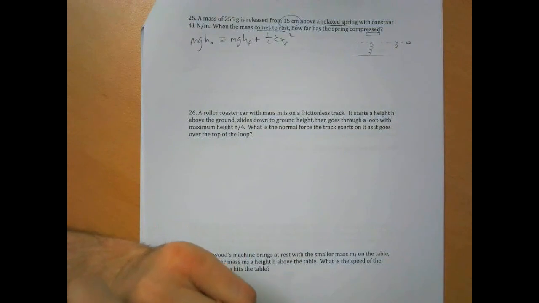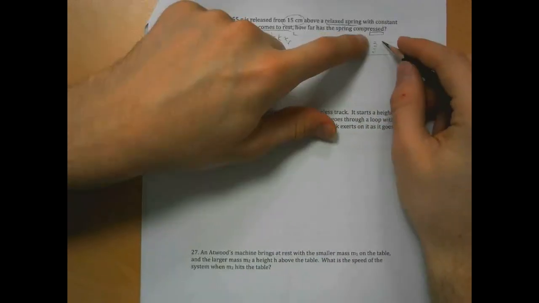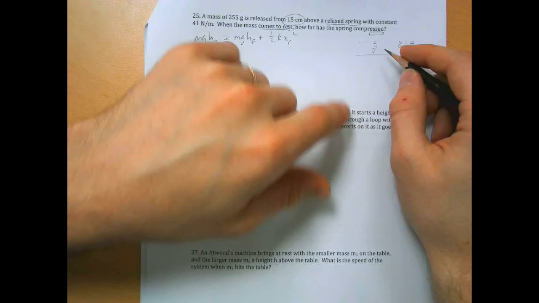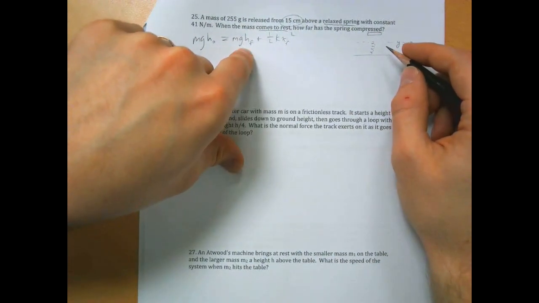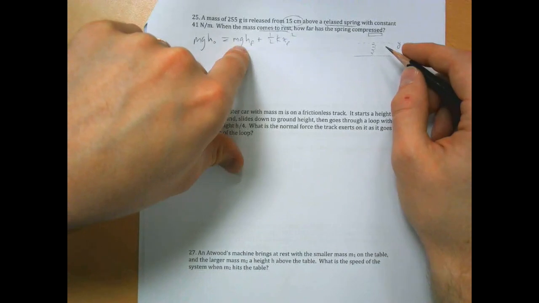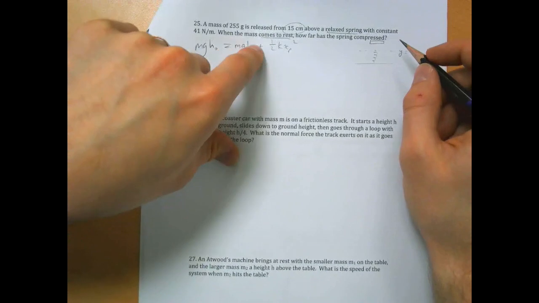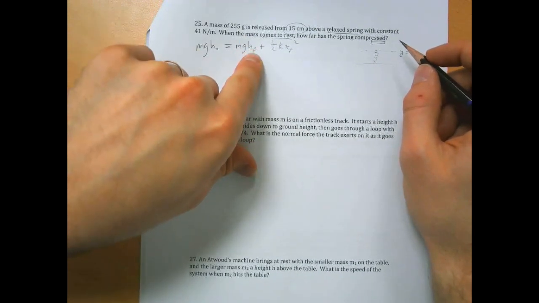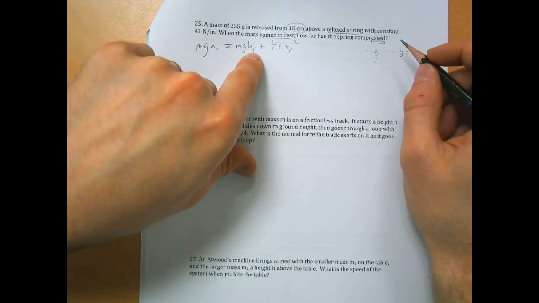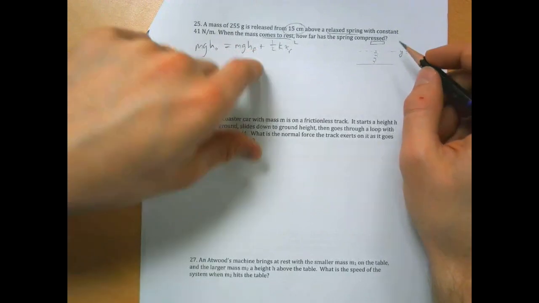And we know that this is going to be compressed, so we know the final height will be below that. There are two different ways you can deal with this term. You can assume the height is below and make it negative, or you can just leave it, and then you'll get a negative value for the answer. It doesn't actually matter.